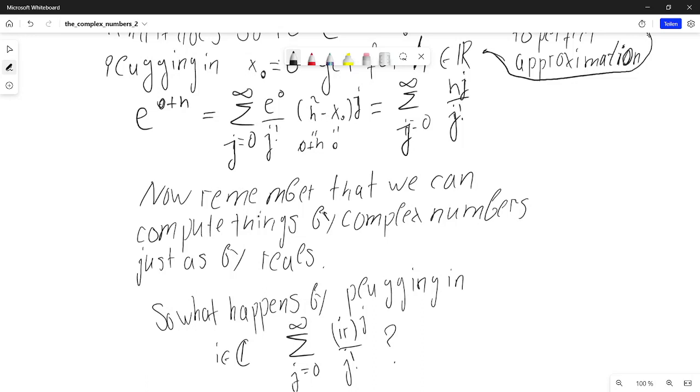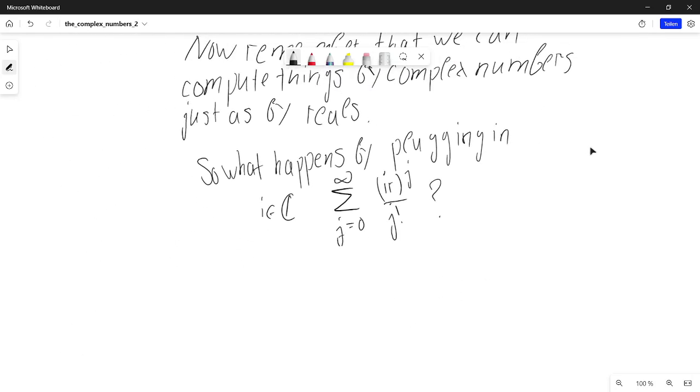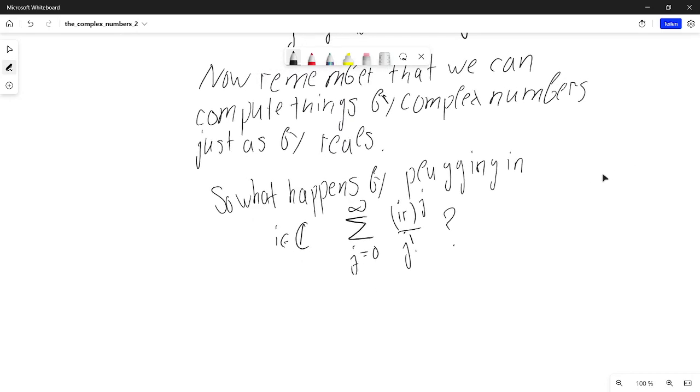So we can do the sums all the same, and we can consider whether maybe even that converges, right?